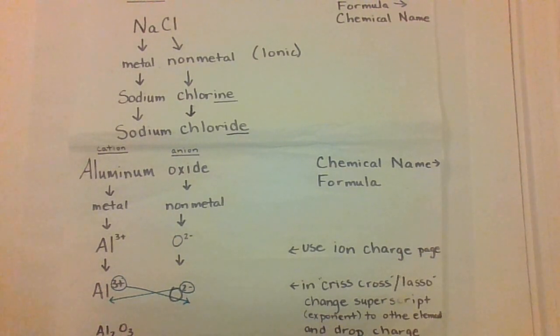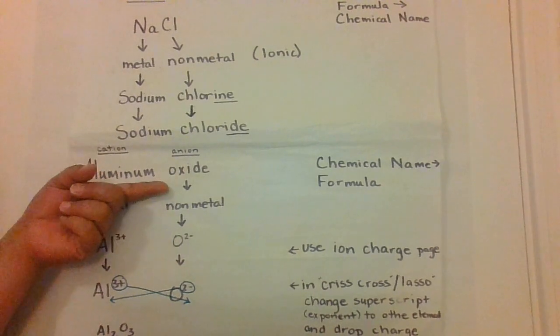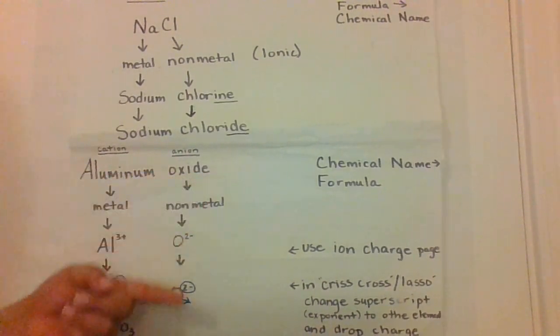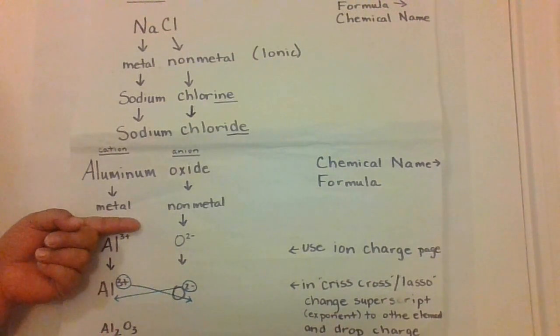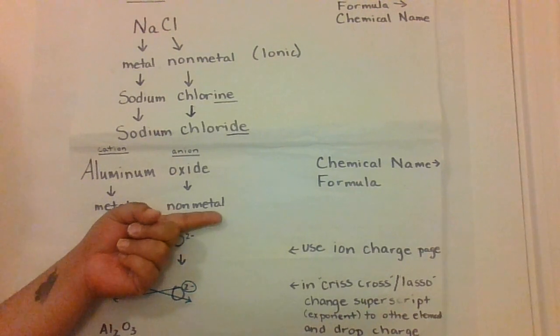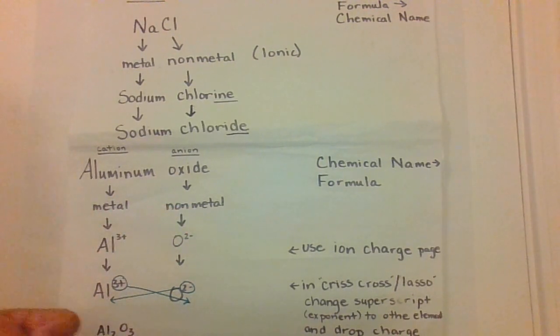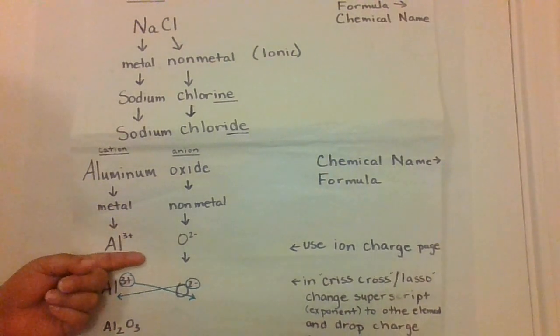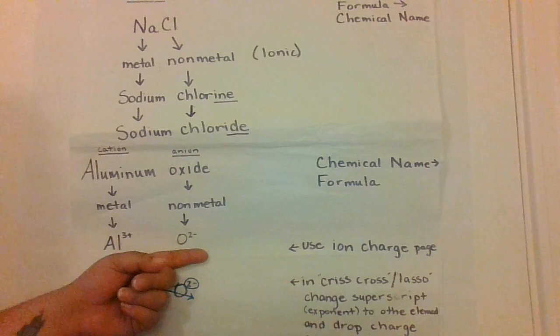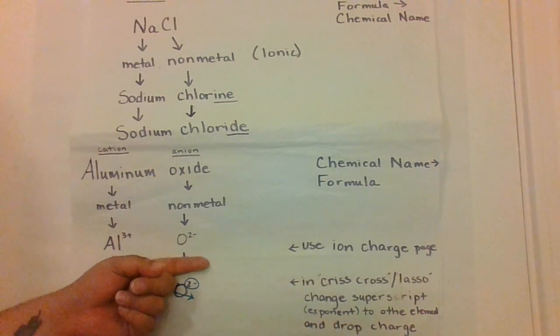So here we have aluminum oxide. We know that aluminum is a metal, and oxygen, or oxide, is going to be a nonmetal. According to either your text or the resources you've been supplied, you would be able to determine that aluminum has a 3+ charge and oxygen has a 2- charge.